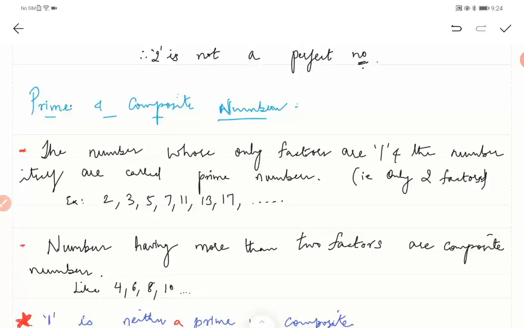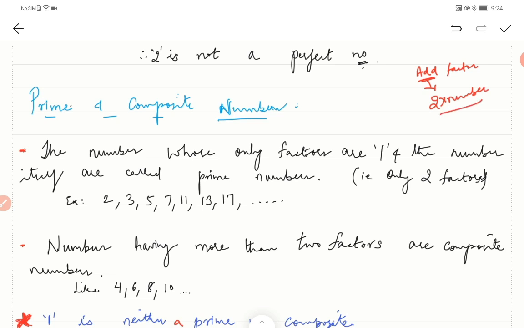It's very simple. What is a perfect number? If you add the factors of the given number, and the sum you get is twice the number, then you say that number is perfect.